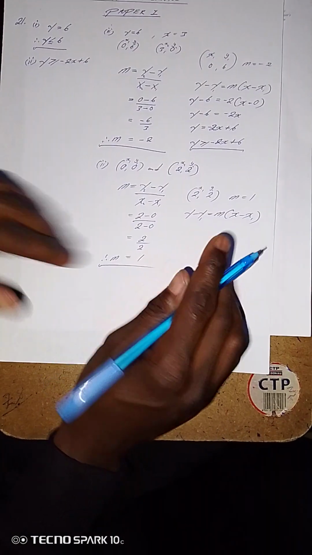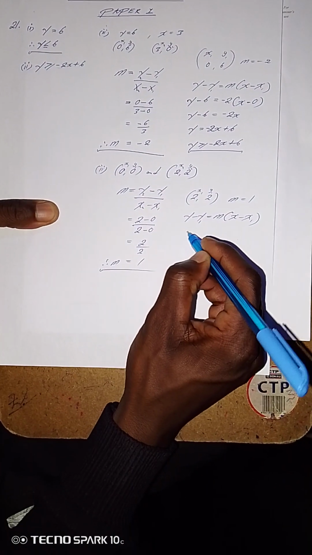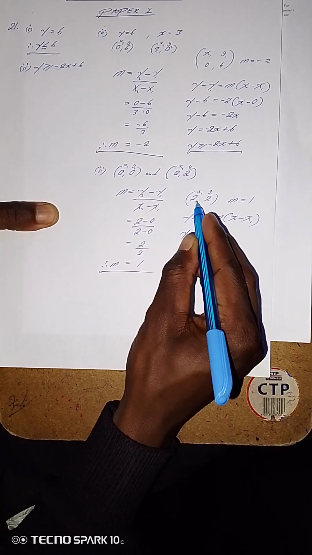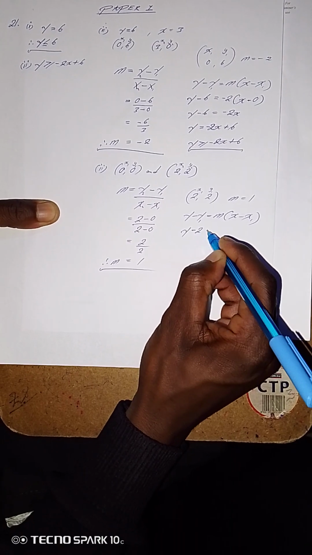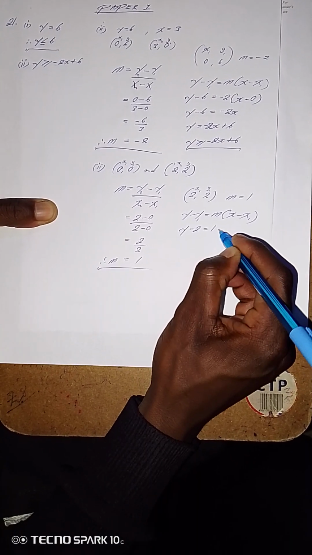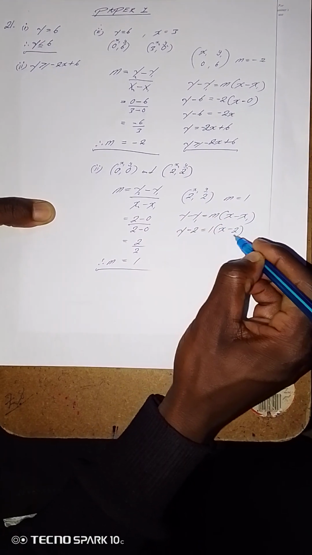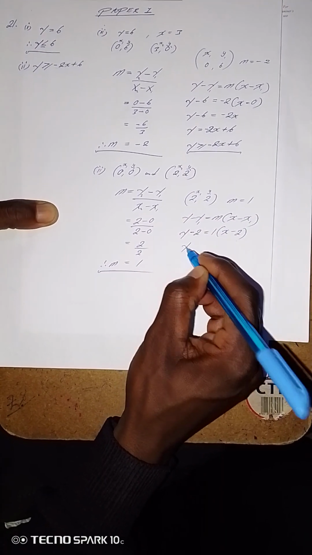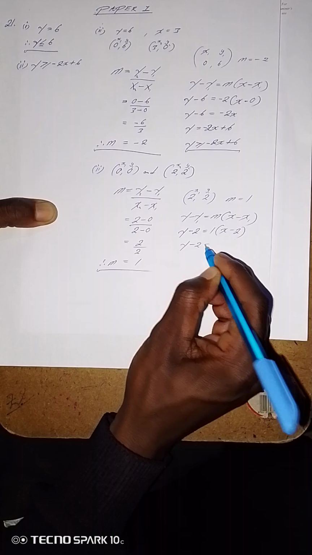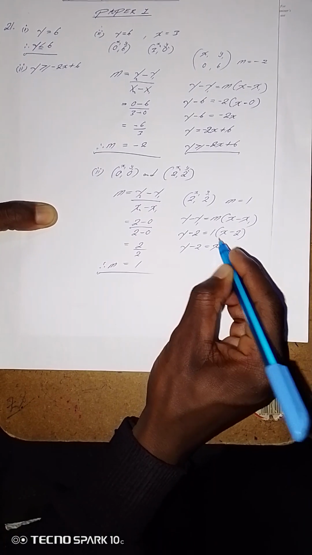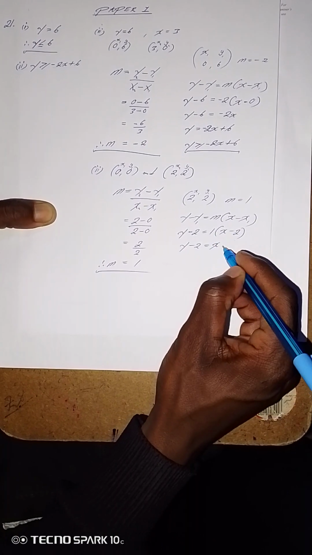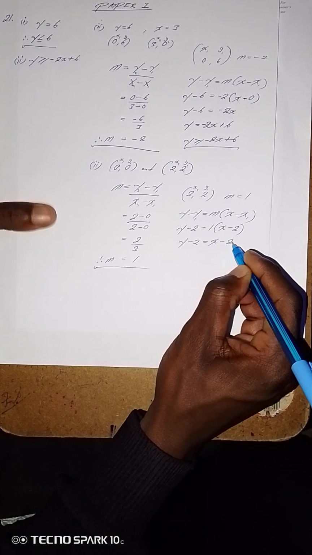Now let's substitute. When you substitute, you are going to have y minus y1, it's 2, because gradient is 1, x minus x2, it's 2, like that. So y minus 2 equals this times that, x, 1 times negative 2, it's negative 2.